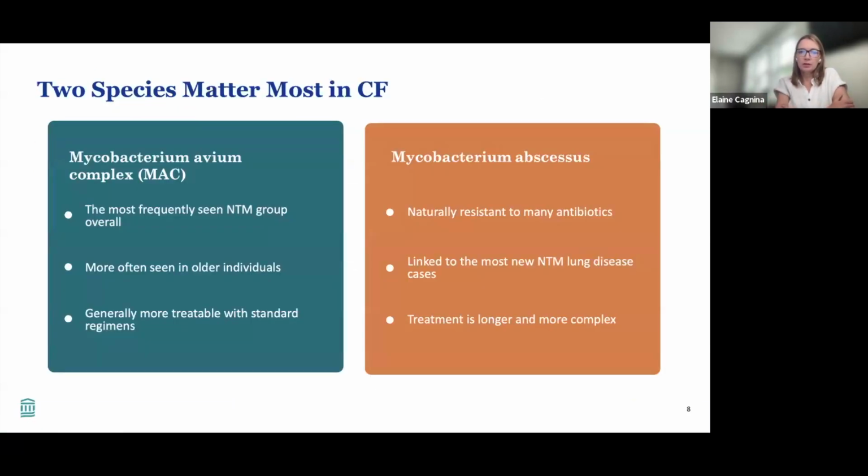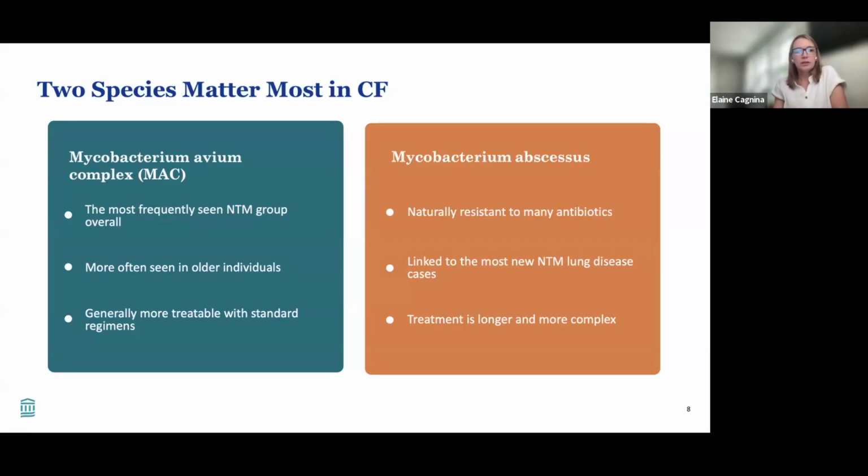But we are going to talk the most today about these two species that matter the most in CF, but they are not the only species that cause problems in people with CF. And the two that we take care of the most are Mycobacterium avium complex and Mycobacterium abscessus. Mycobacterium avium complex is a group of organisms that have similar characteristics and similar drug sensitivities and are phylogenetically related.